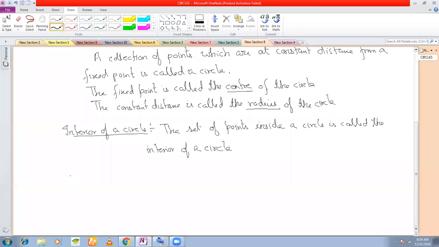After the interior of a circle, what we define now is called the exterior of a circle.